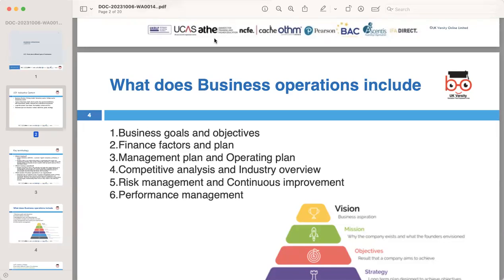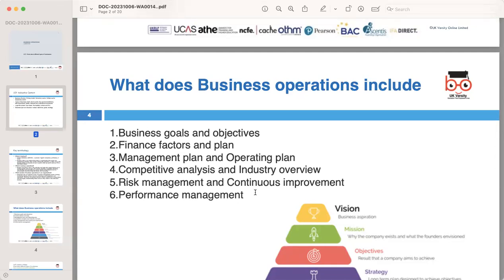Then competitive analysis and industry overview: assessing the competitive landscape and understanding the industry in which the business operates. Next, risk management and continuous improvement: identifying and mitigating potential risks while striving for ongoing improvement in processes and outcomes.